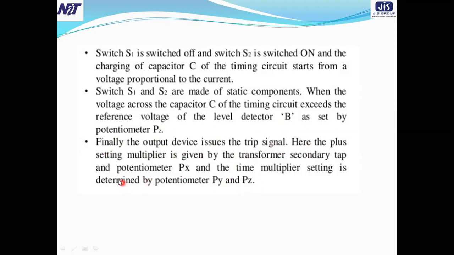Here, the pulse setting multiplier PSM is given by the transformer secondary tap and potentiometer PX. The time multiplier setting is determined by the potentiometers PY and PZ.